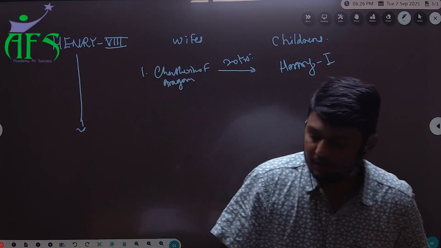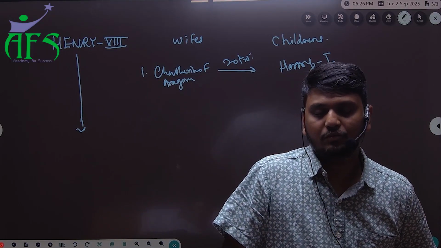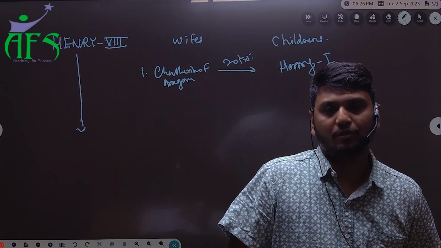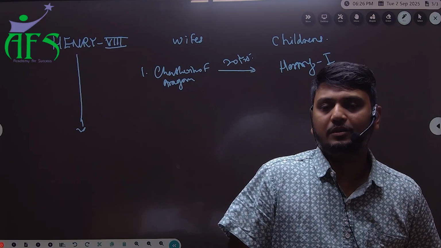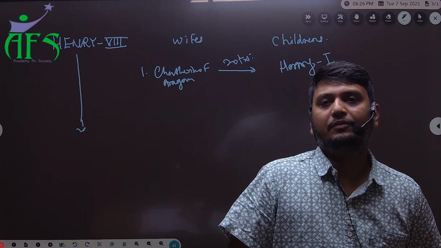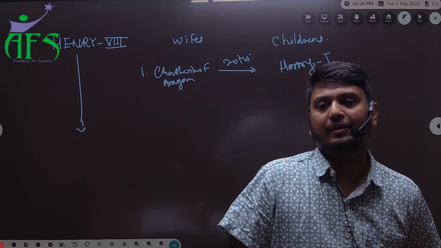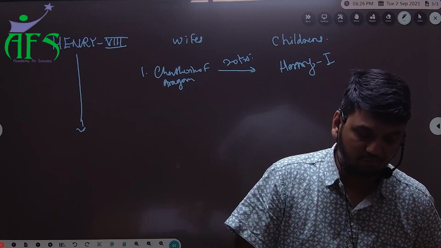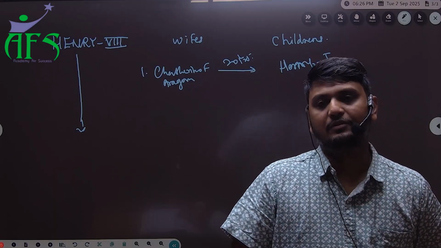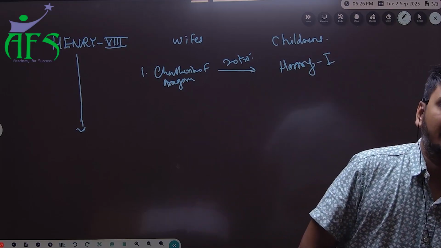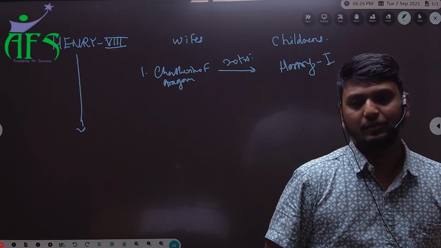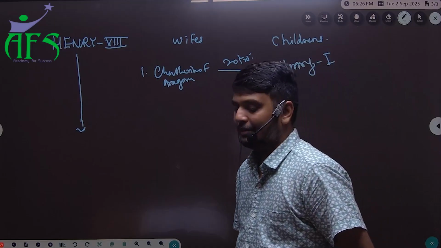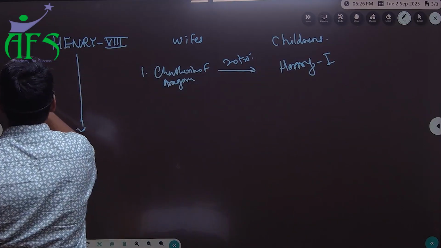Henry the Eighth was a very ambitious person and he just wanted an heir for his kingdom, but this lady was unable to give him the right heir. Actually, she went through four miscarriages, and one of their sons died two days after birth. Again they tried, but they didn't get a good heir, so that's why this person tried to divorce her. But at that time we find that the Roman Catholic Church came into the picture.